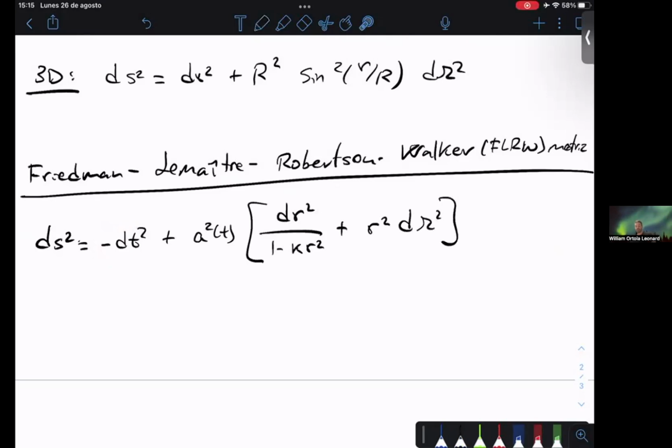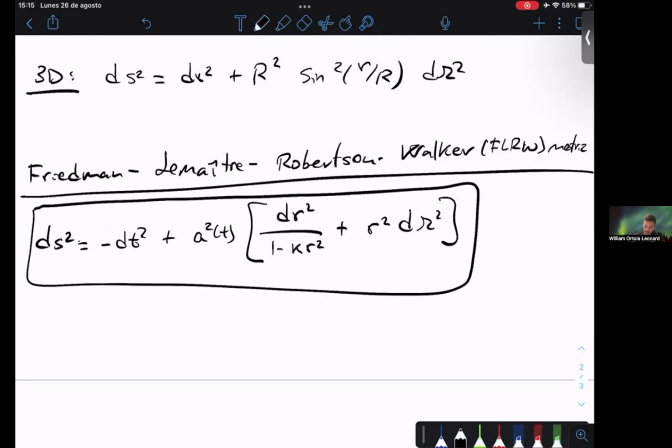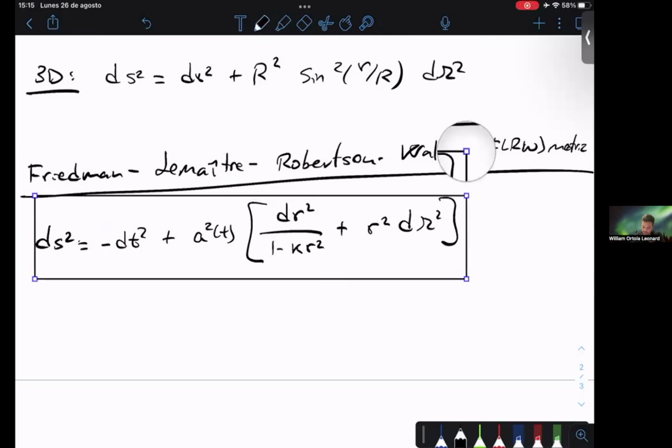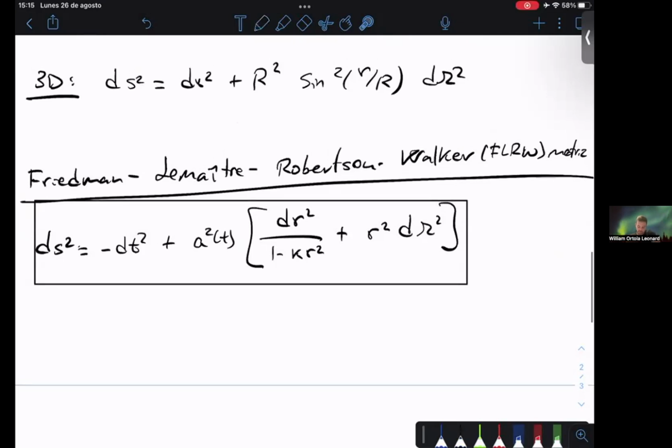So this is what is given for the metric in a homogeneous and isotropic universe. Let me just box this so that we know this is an important quantity. But what we're going to do now is derive this equation, specifically the spatial part of this metric, since this is the time component, but this is the spatial part.